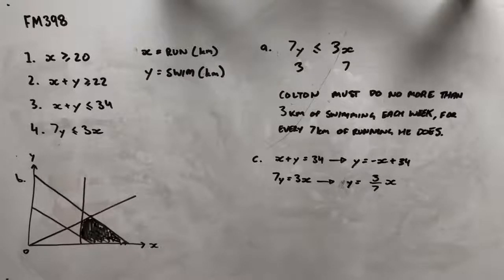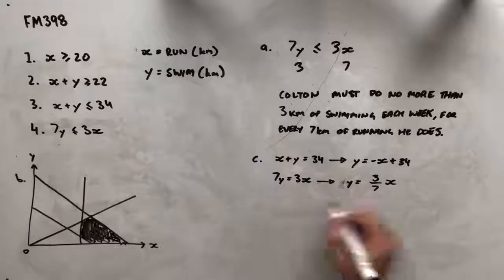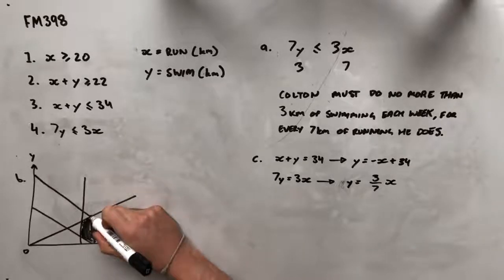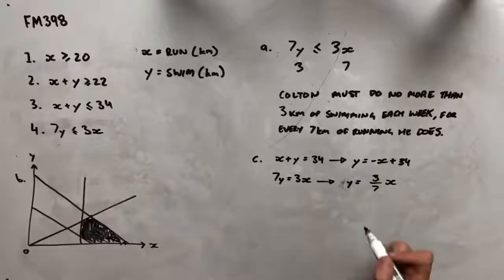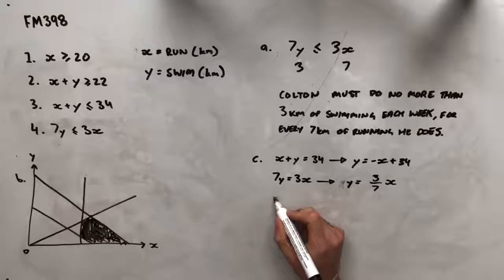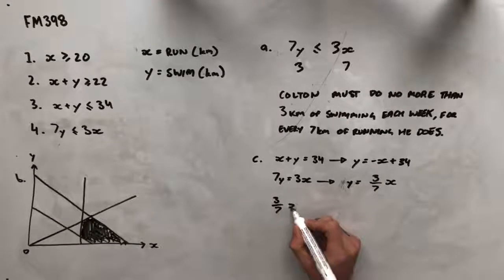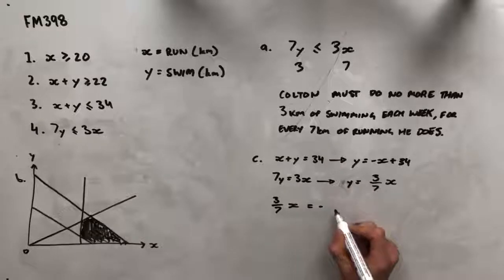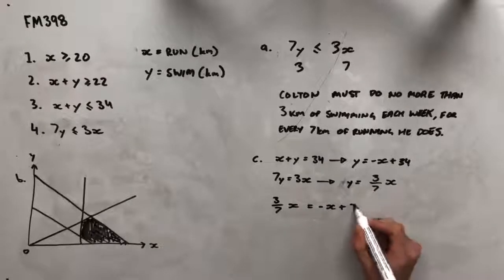The reason I've done this is because now we can start finding the coordinates for this point of intersection. The way we do that is by making y equal to y. So we can have 3 over 7 x is equal to negative x plus 34.